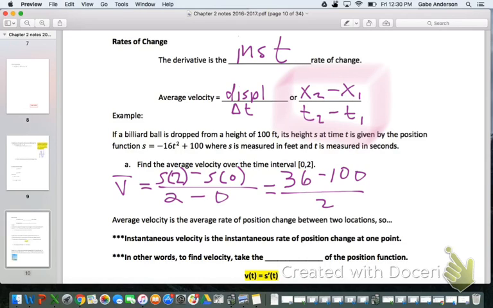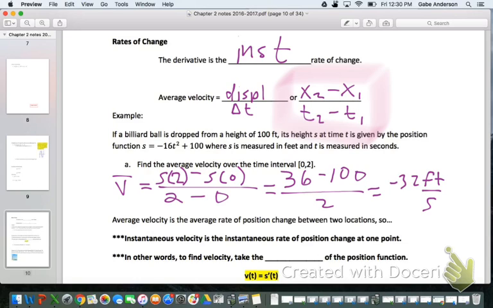Natalie, did you get it yet? What'd you get? Negative 32 feet per second. She included the units there, which is great. We'd want to do that. And she used the right units, right? Feet per second as opposed to a metric unit. And we will use metric units too. It just so happens that this was feet and seconds instead of meters and seconds. So, all right. We good?